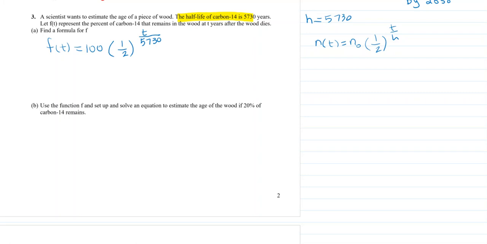Use the function f and set up and solve an equation to estimate the age of the wood if 20% of carbon-14 remains. So that 20% is not a number I'm going to plug in for t, it's a number we'll plug in for f of t. Since we put the 100% here as 100, the 20% on the left-hand side will be put in as 20, and we have to solve this equation.